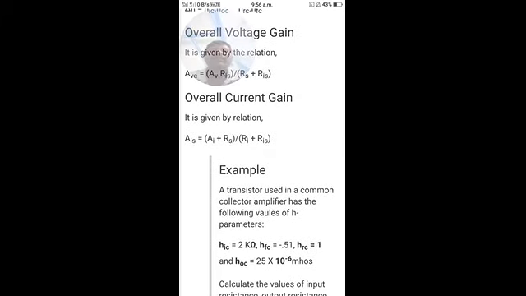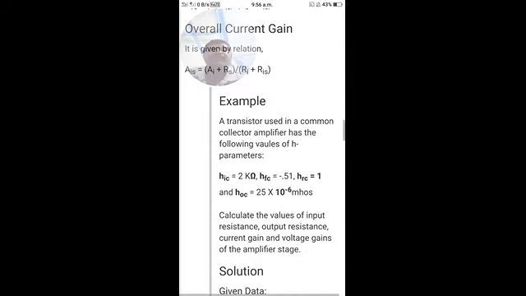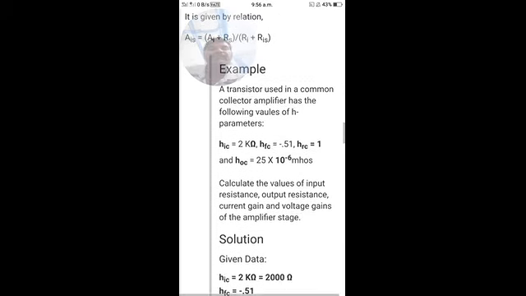Consider one example using common collector configuration. The common collector configuration has the following values of H parameters: HIC 2 kilo ohms, HFC minus 51, HRC is 1, and HOC 25 into 10 power minus 6 mhos. Calculate the values of input resistance, output resistance, current gain, and voltage gain of the amplifier stage.